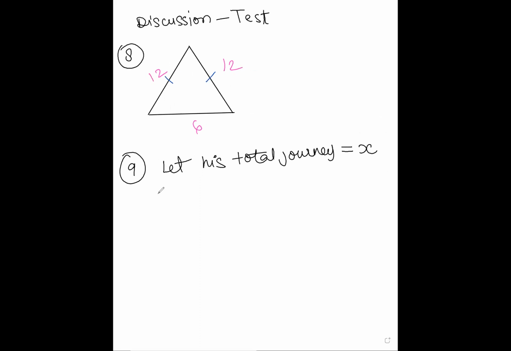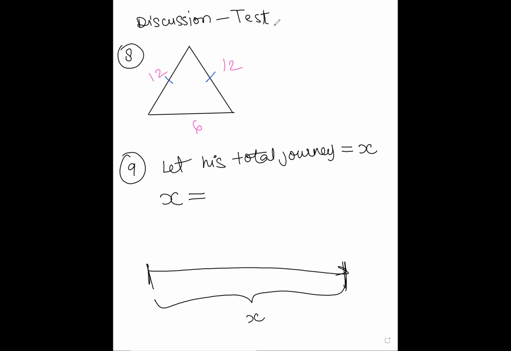Then that means x, the length of the total journey, is further divided. Let's say that from here till here is his total journey. This whole thing is our x. They are saying that he traveled 2/5 by train.